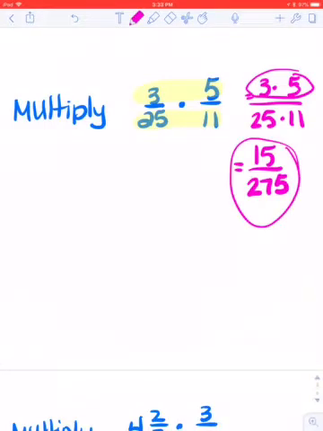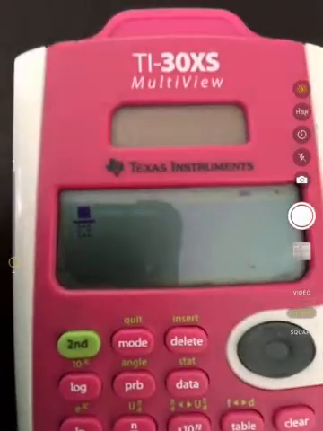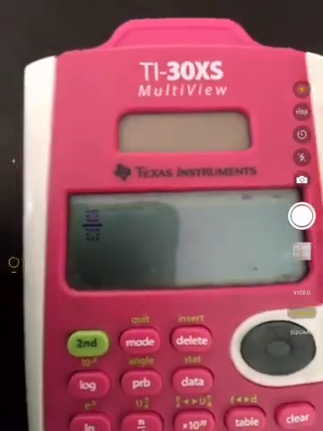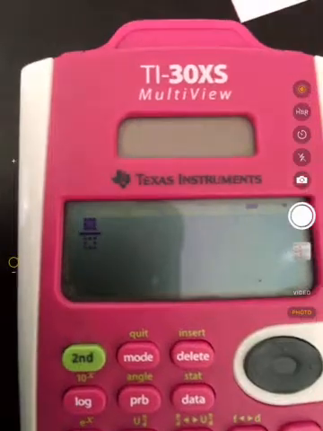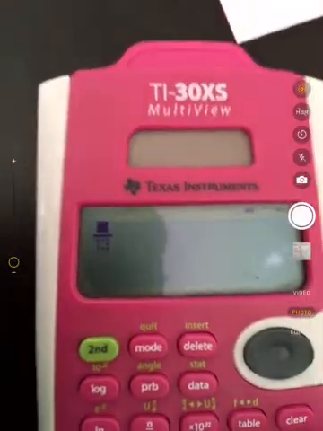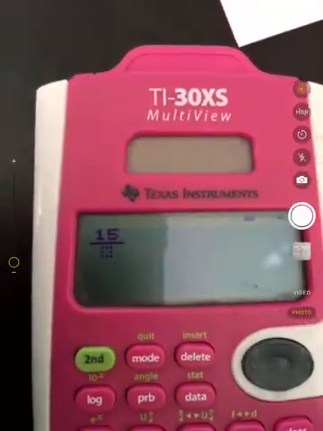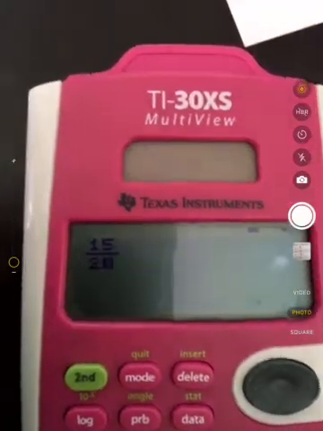Then I need to take this part and see if it'll reduce or not. So I'm going to try to put my calculator up here again. I'm going to make my fraction, and when I do my fraction, I'm going to take 15 and put it over 275.